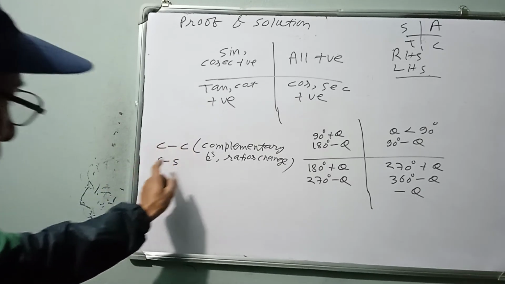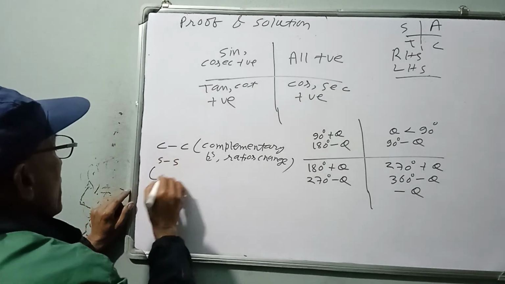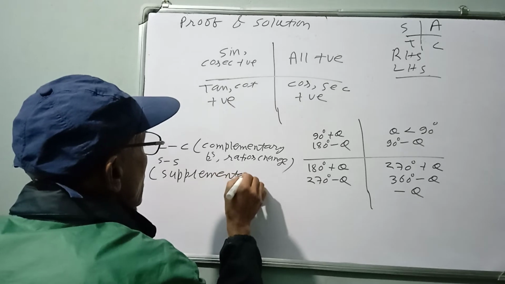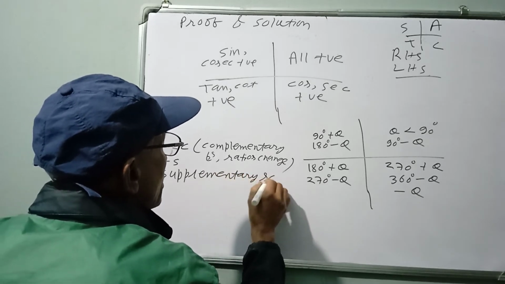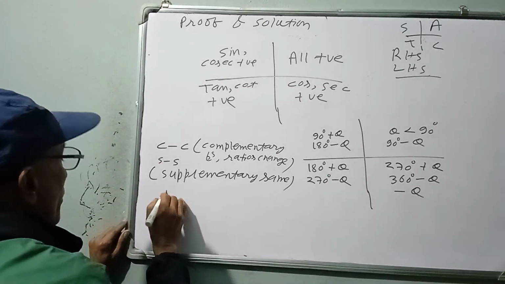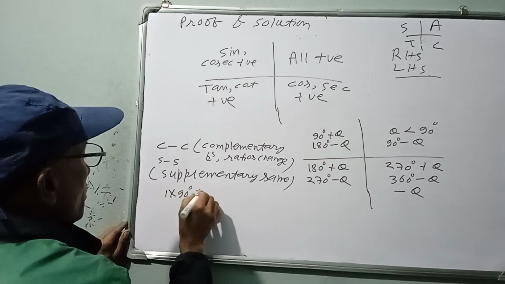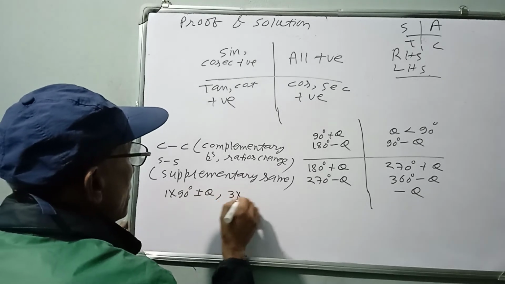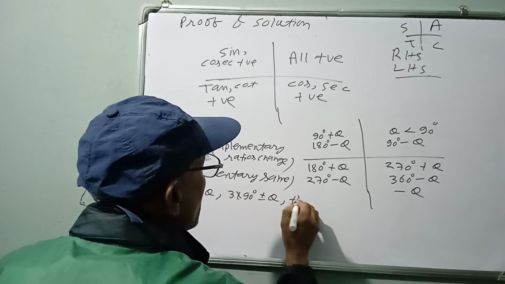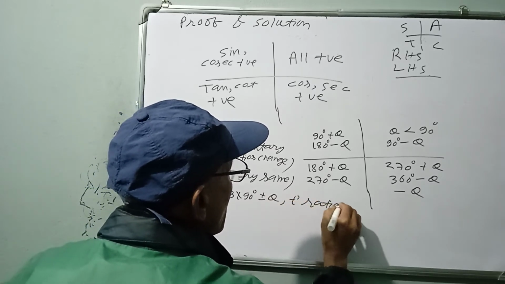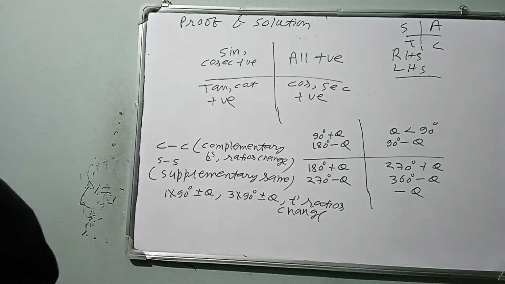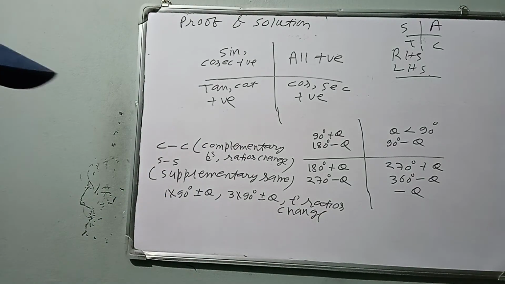SS means supplementary same ratio same. For example, if there is 1 into 90 degree plus minus theta or 3 into 90 degree plus minus theta, trigonometric ratios change. Like sine to cos, cos to sine, tan cot, cot tan, sec cosec, cosec sec.